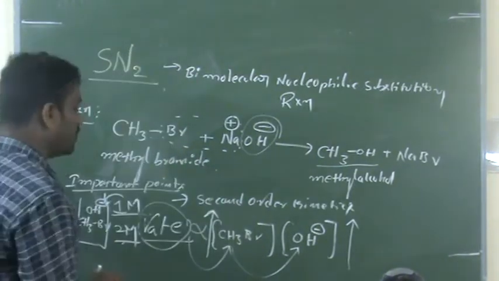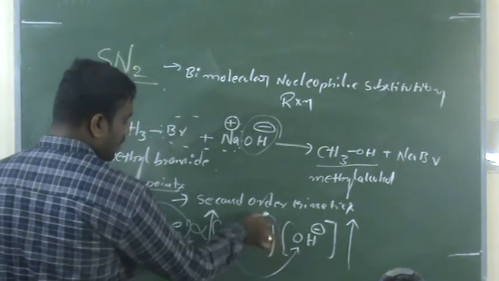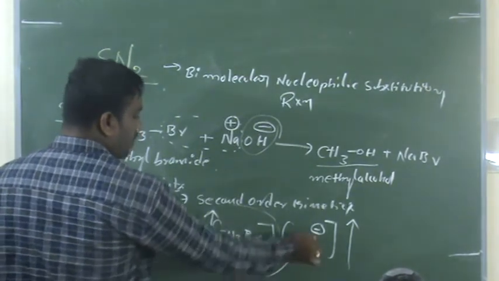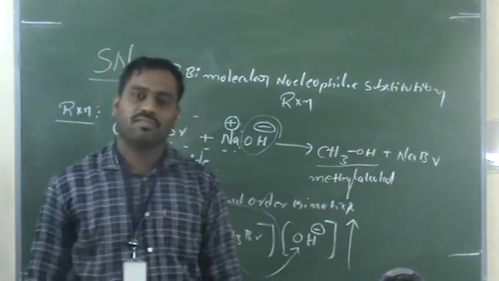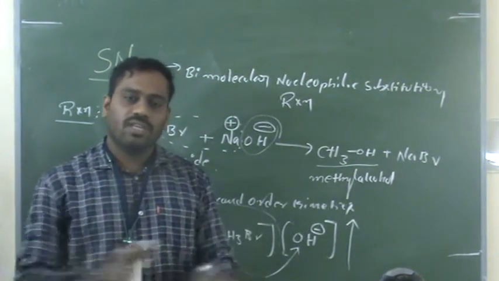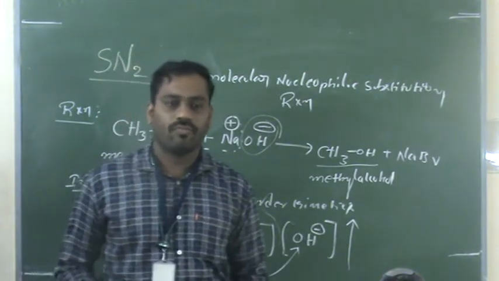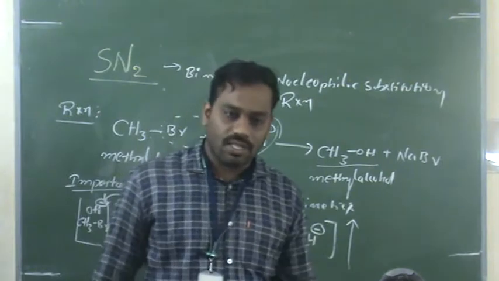Suppose there is another question. The concentration of methyl bromide is increased by 2 times, but the concentration of OH minus is decreased by 2 times. What happens to the rate? There is no change of rate. Why is there no change of rate? Can anybody tell me?